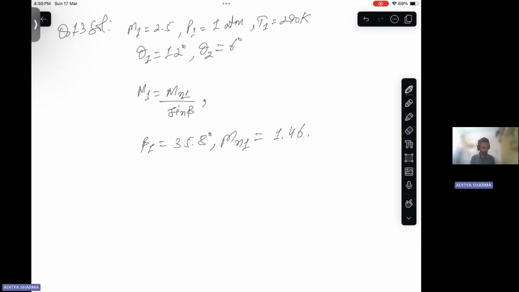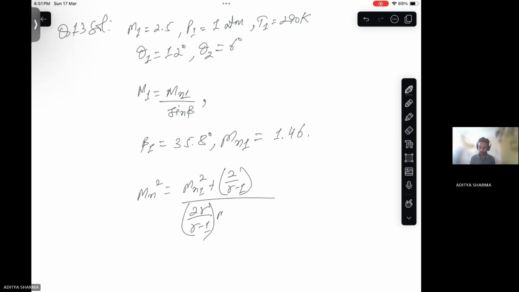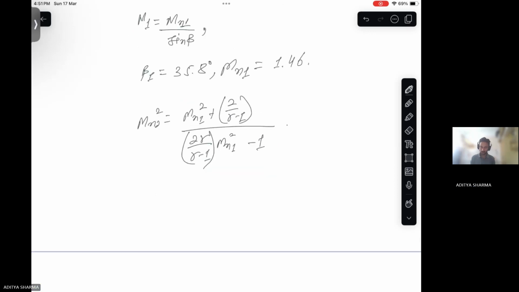And then we find, because we have done such a question in previous session also, but shall repeat this also, because we know the formula for Mn2 square, equals (gamma minus 1) Mn1 square plus 2, divided by 2 gamma Mn1 square minus (gamma minus 1), right?